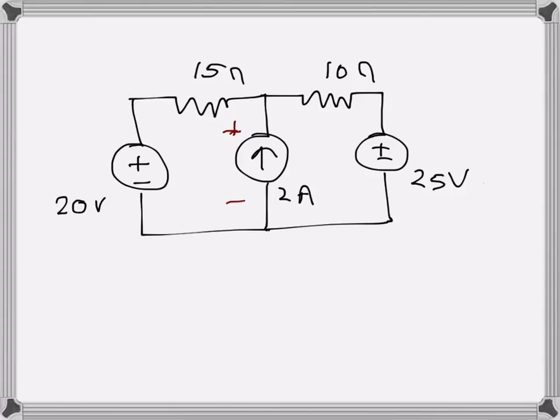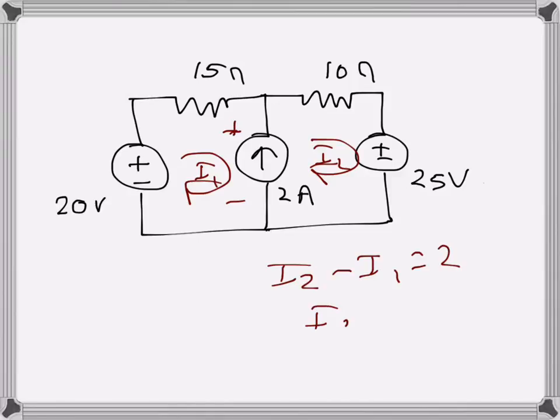If we use, let's say, the mesh current method, there are two meshes, so there will be two mesh currents, basically I1 and I2, and there will be a relation between the mesh currents. So I2 minus I1 will be 2, so I2 will be 2 plus I1.